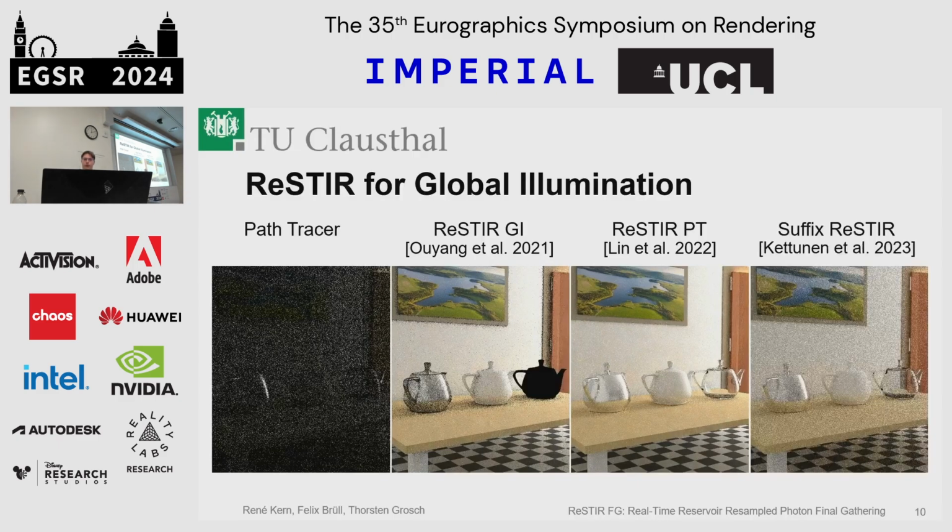And then there's also the recent prototype of suffix ReSTIR from the conditionalized resampled importance sampling paper, where they solved correlation and disocclusion artifacts that still happen in ReSTIR PT by deferring the resampling process to the second bounce, and also using a final gather step at the second bounce to resample other nearby reservoirs.